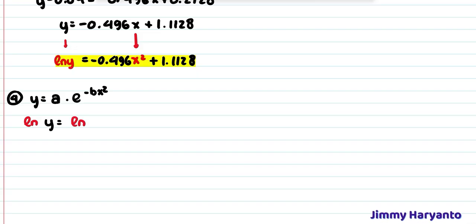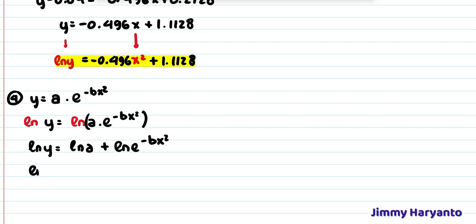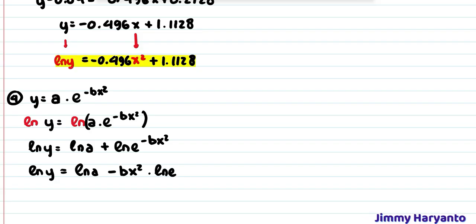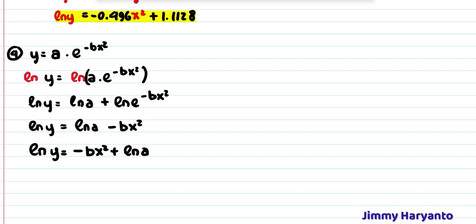So ln y equals ln a times e to the power of negative bx squared, and then ln y equals ln a plus ln e to the power of negative bx squared, and then ln y equals ln a minus bx squared times ln e. And because it's ln e, you can erase it like that, and then when you arrange it like this, it will become similar with the one that we already have before.